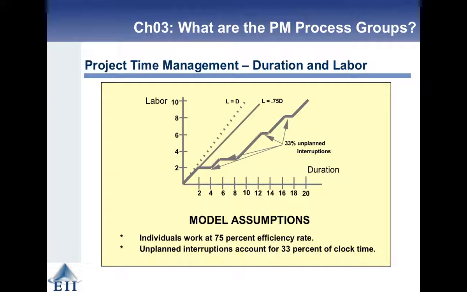So now progress is a slightly lower curve, as you can see on the solid thin curve on the diagram. It's labelled L equals 0.75D. And then the trouble is people get interrupted when they do stuff. They have to go to meetings. They have to go to staff meetings that are not associated with the project.